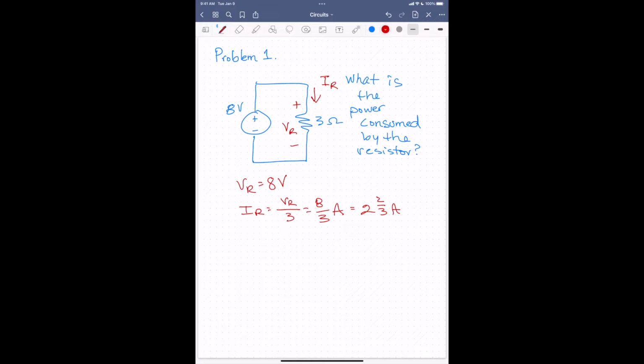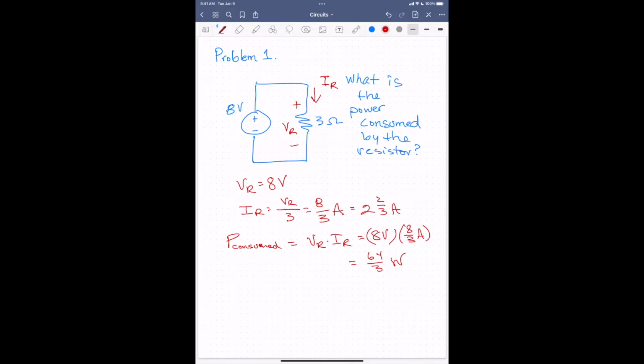So now we can say that the power consumed by the resistor will be equal to VR times IR, which will be equal to 8 volts times 8/3 amps, which will give me 64/3 watts.